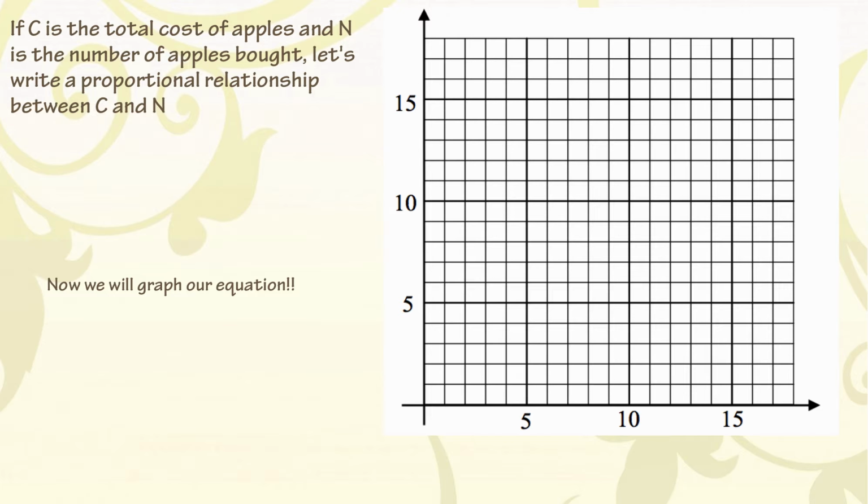Now another way to represent this is by graphing. So we've got a couple of things we have. We have a grid over here, but we have to label our grid, what these axes mean for us. In other words, here's my x-axis and here's my y-axis. So I have to label what x and y mean. Well, see, the cost depends on the number of apples we bought.